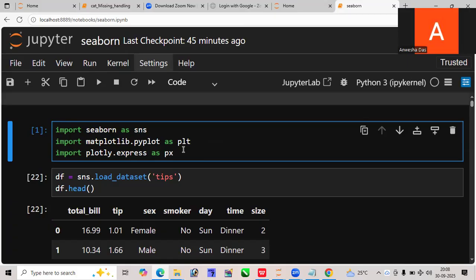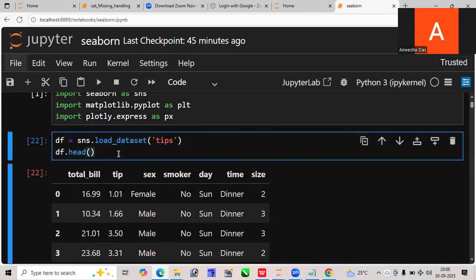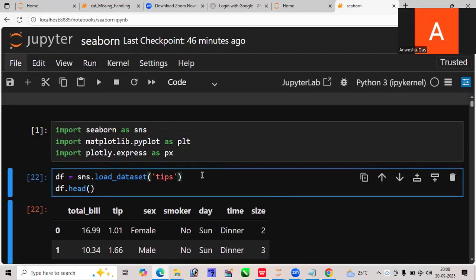So first of all, here I have written sns.load_dataset, and in that I have passed tips. What I'm trying to do here is, inside of Seaborn many datasets are available.